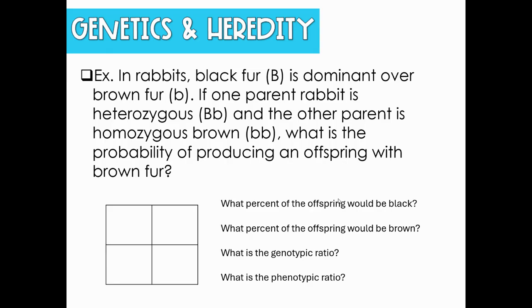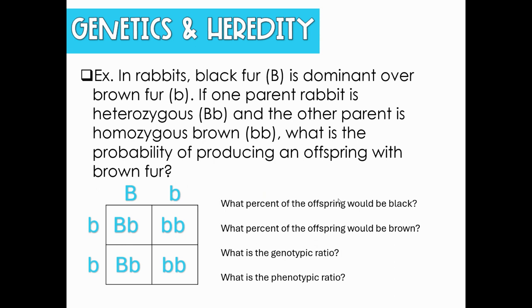In rabbits, black fur is dominant over brown fur. If one parent rabbit is heterozygous, and the other parent is homozygous brown, so that's going to be little b, what's the probability of producing an offspring with brown fur? I'm going to cross these individuals, and this is the likelihood that we'll have rabbits with black fur versus rabbits with brown fur.